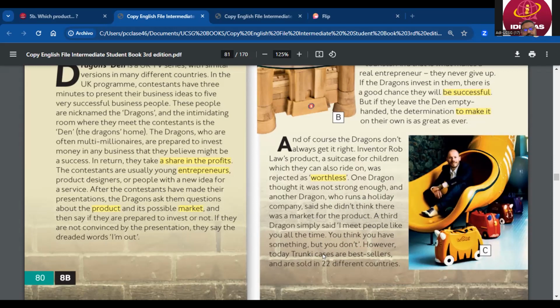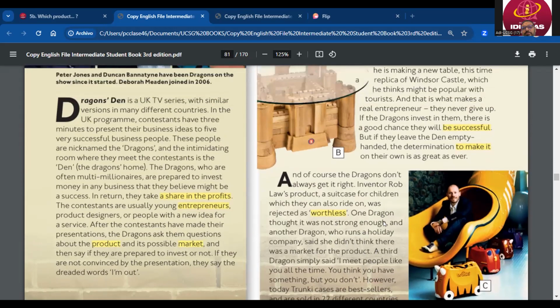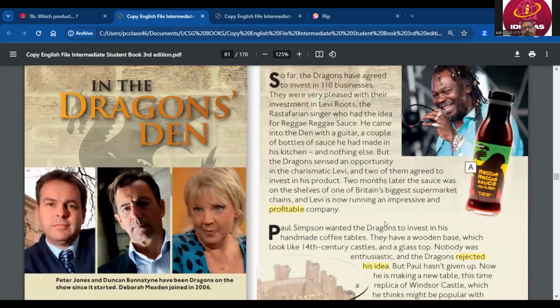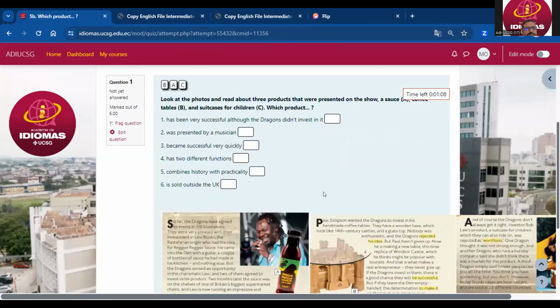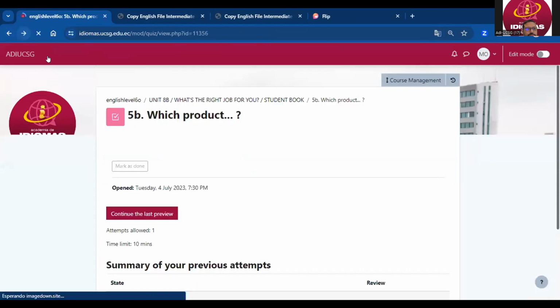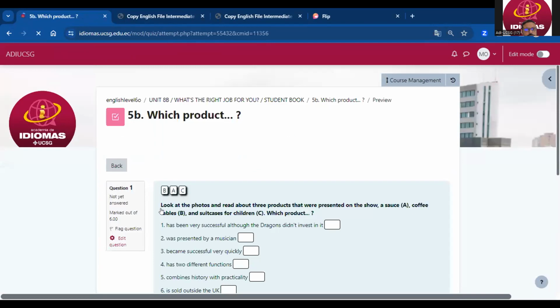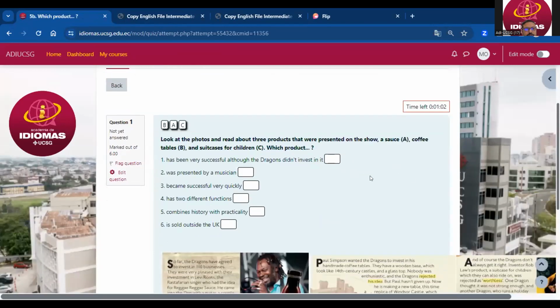However, today, Trunki cases are best sellers and are sold in 22 different countries. So there we have the description of the three products. And then we got some questions. So there we have the options.